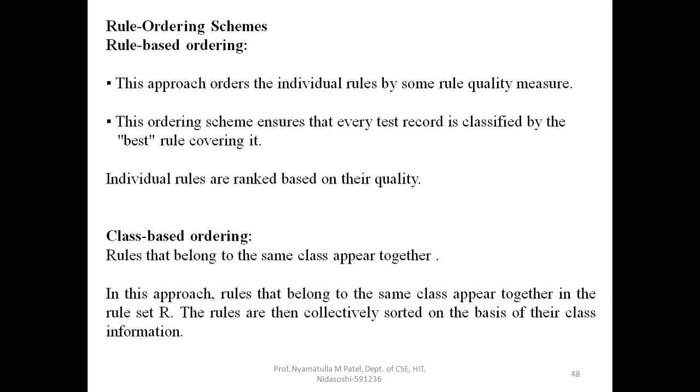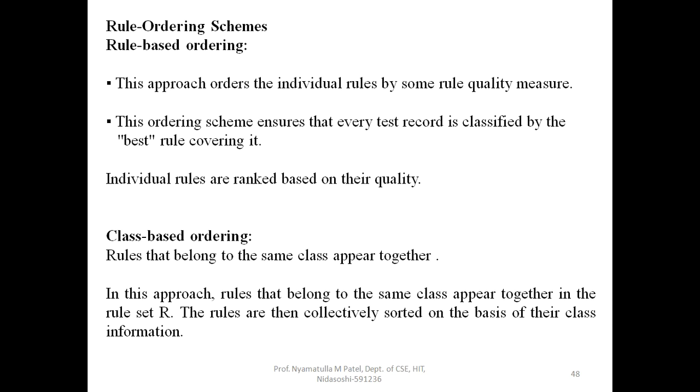Now, class based ordering: rules that belong to the same class appear together. Sometimes some of the rules will trigger the same class, and that we call class based ordering. In this approach, rules that belong to the same class appear together in the rule set R. The rules are then collectively sorted on the basis of their class information.